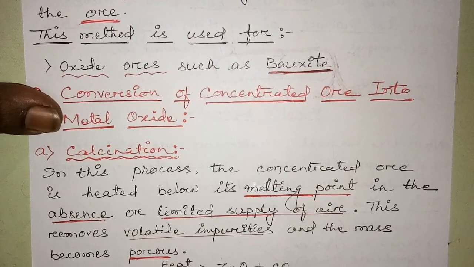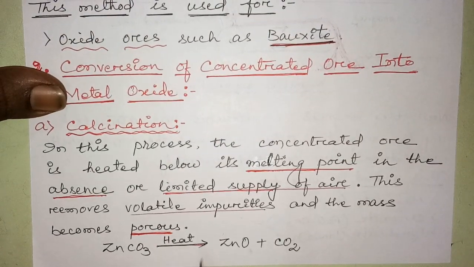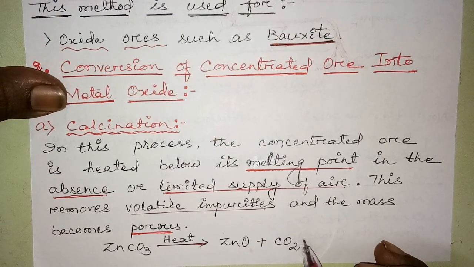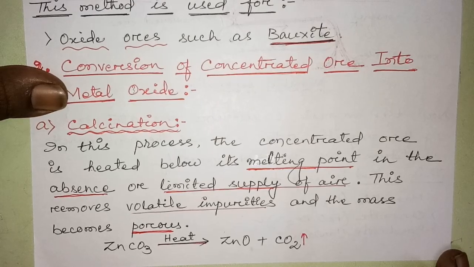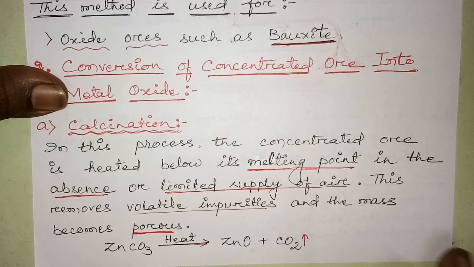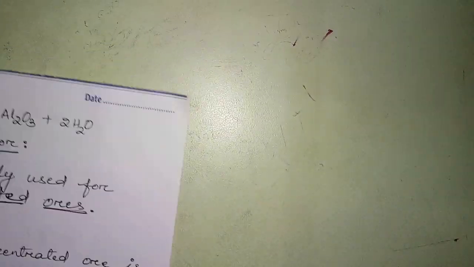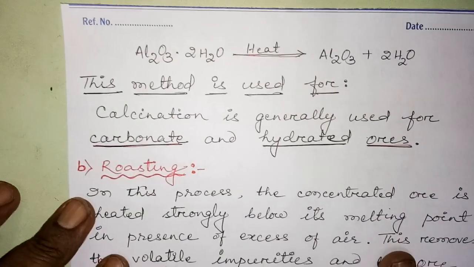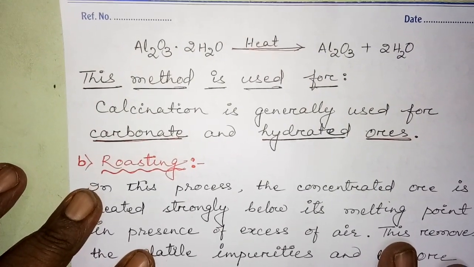For example, zinc carbonate, on heating, gives zinc oxide and carbon dioxide. So carbon dioxide is removed on heating zinc carbonate. Clear? Another example is aluminium oxide, Al2O3.2H2O.